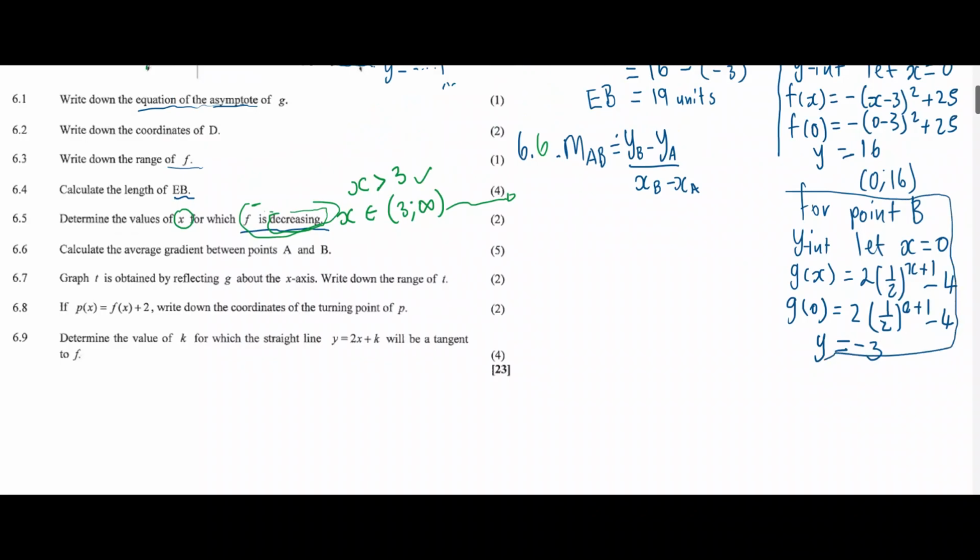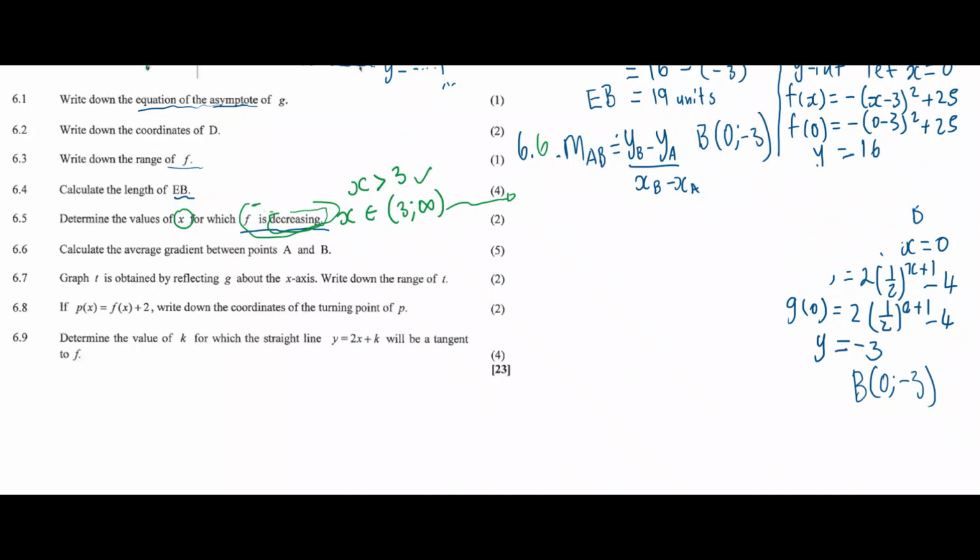So because we already have B's coordinate, I think this was the coordinate for B, right? And I think we calculated the y-intercept there, right? Because B's coordinate, I think it's just going to be 0 and minus 3, right? So I'm just going to note it down before I erase it because we will need that. So it's 0 and minus 3, right?